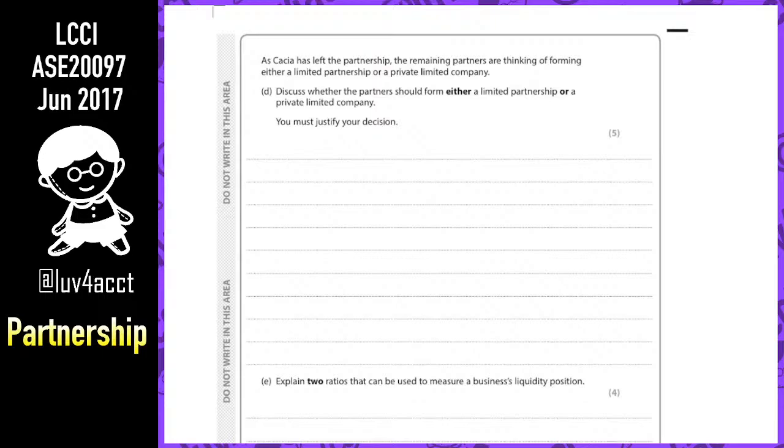Okay, these two things are very different, because in a limited partnership, the limited partner is only responsible for providing capital and is not involved in the operations of the business.